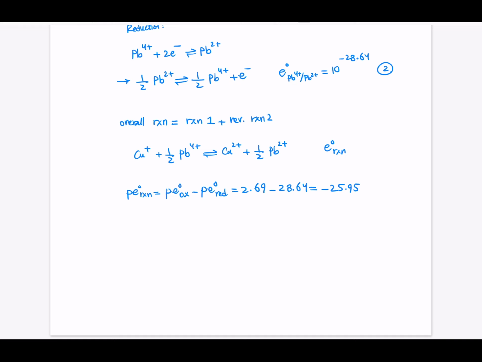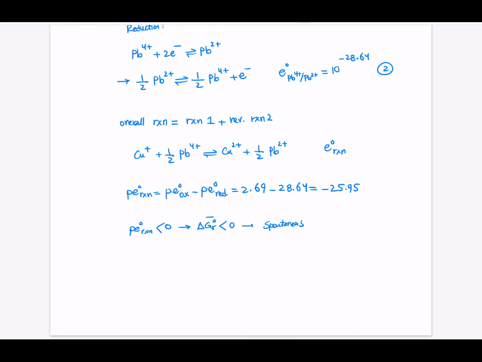So back to the question, can copper plus reduce Pb4 plus at standard condition? PE0 of reaction is negative. That means delta GR, in this case at the standard condition, is also negative. So this is spontaneous.